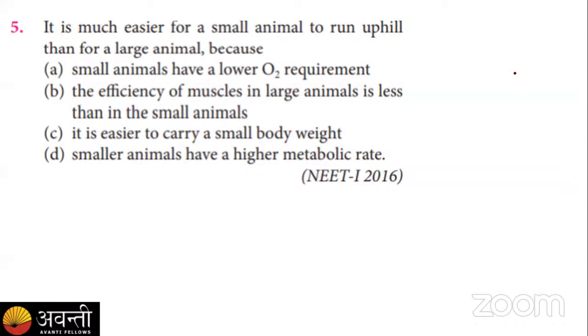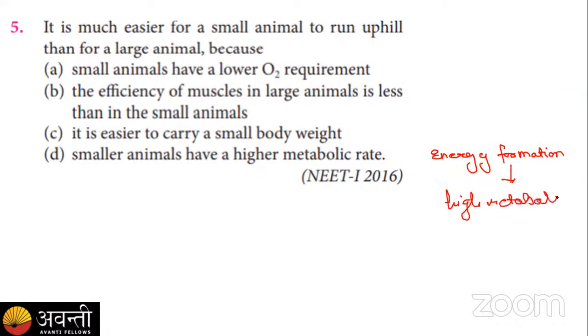In this question, we are asking why small animals are capable of running uphill as compared to larger animals. So you have chosen option A. Let's see. For moving uphill, we require a large amount of energy, and energy formation only increases when you have a high metabolic rate.